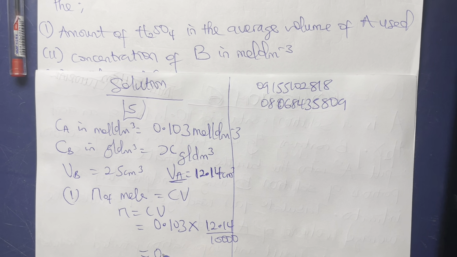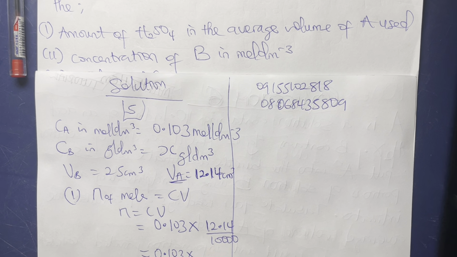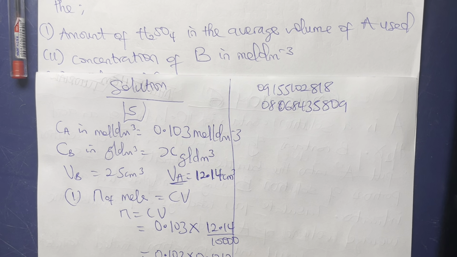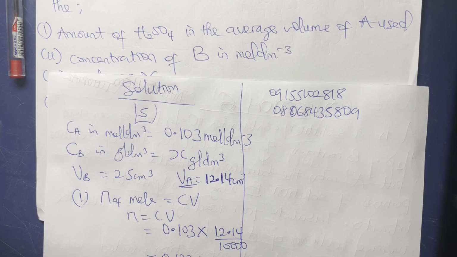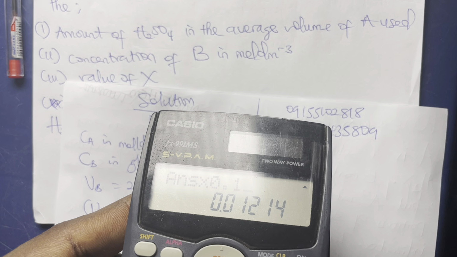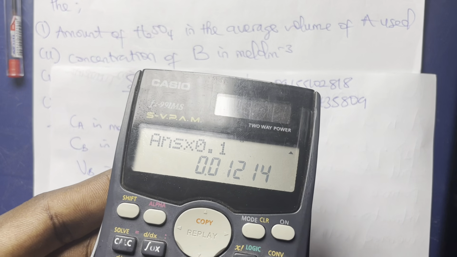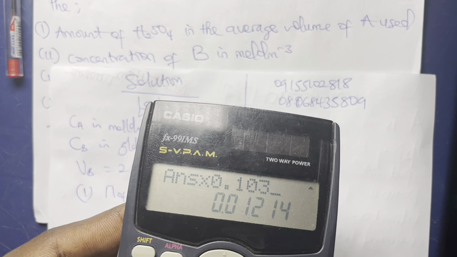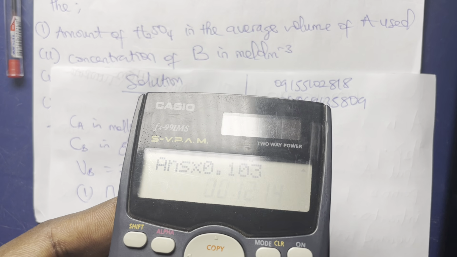So that will be 0.103 multiplied by 0.01214. What does that give?